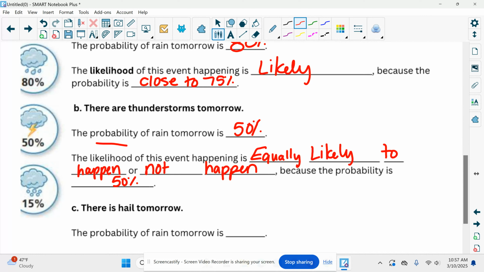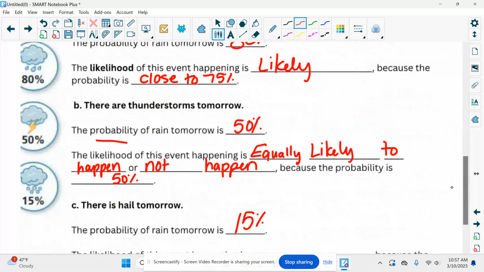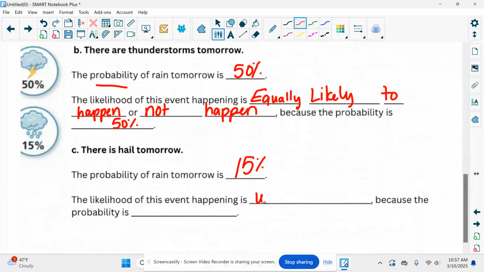All right, what is the likelihood that there's going to be hail tomorrow? The probability would be 15%. So what's the likelihood that it would happen? It's unlikely. Now, is it completely impossible?